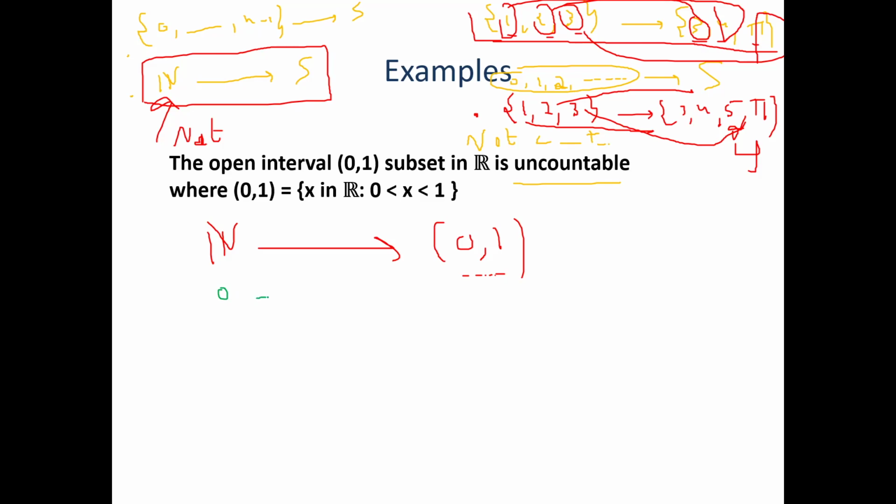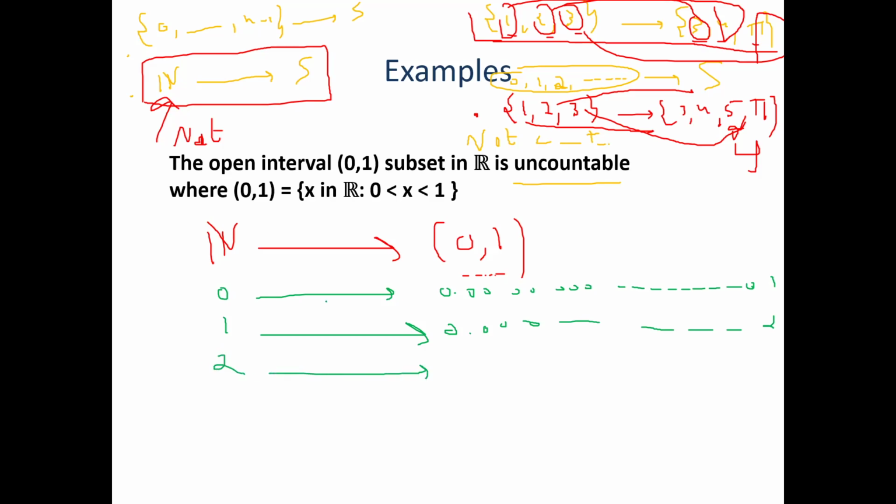Let's say 0 goes to 0.0000000001. Then you have 1, right? If we assume that there's a bijection, let's say here I have 0.000002. Then that means we'll have every possible number between 0 and 1 covered. So let's say I have here 0, 1, 2, 3, 5, blah, whatever, and so on.